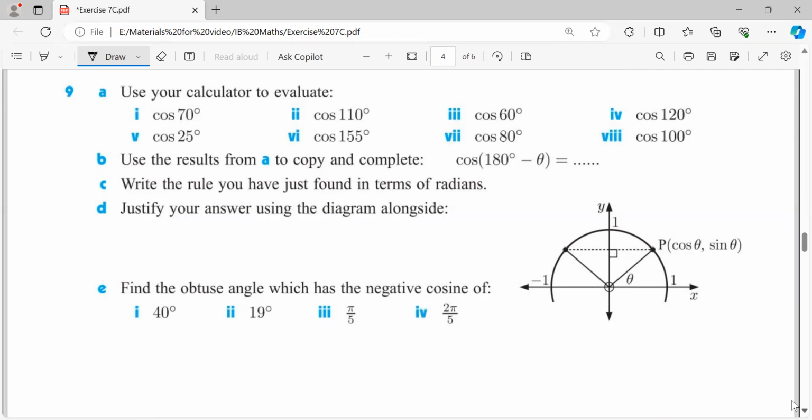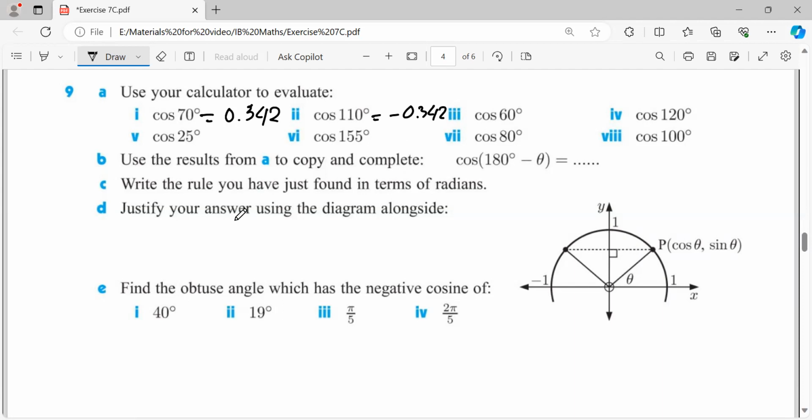Cosine 70 equals 0.342. Okay, and cosine 110 equals minus 0.342.